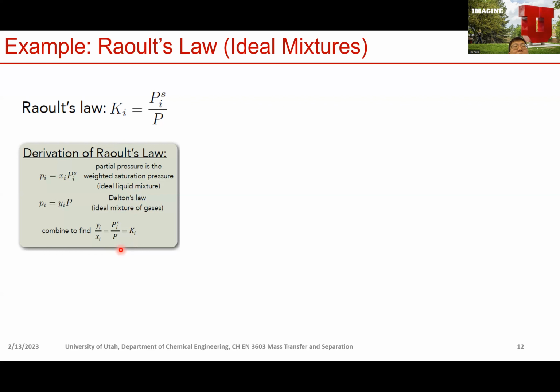But as you can see here, the derivation process relies on the assumption that both the vapor and the liquid phase are ideal mixtures. Okay. When the mixture is non-ideal, one modification we can apply is that we can apply an activity coefficient to account for this non-ideality factor. Okay.